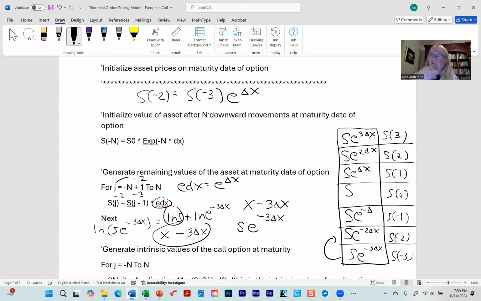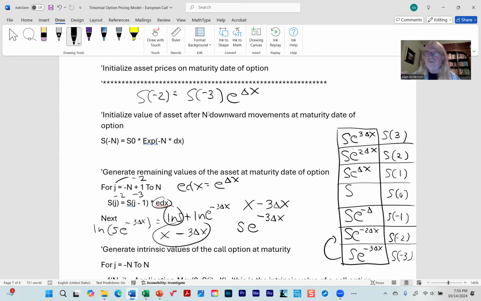You won't need to ever touch this thing again, because you filled out the maximum number of rows that we'll ever need. The rest of the tree in the earlier nodes will have blanks in the top and the bottom, because after 2 time steps, we haven't had time to go all the way up to e to the 3 delta x or down to negative 3 delta x.